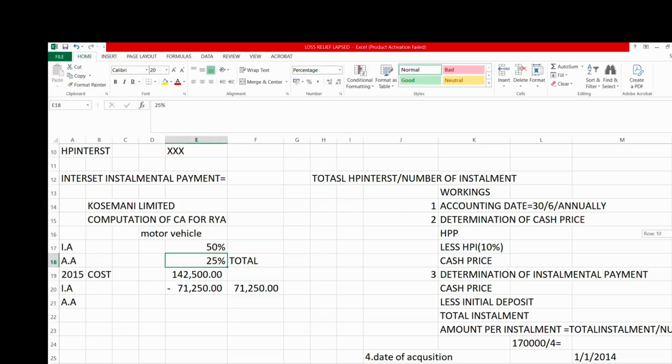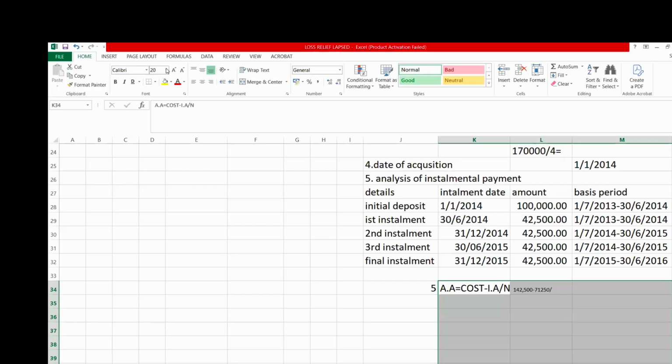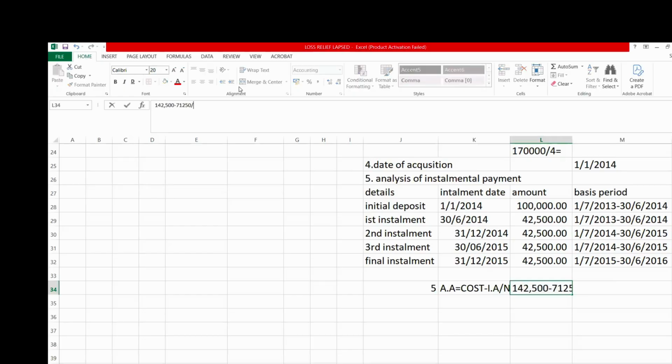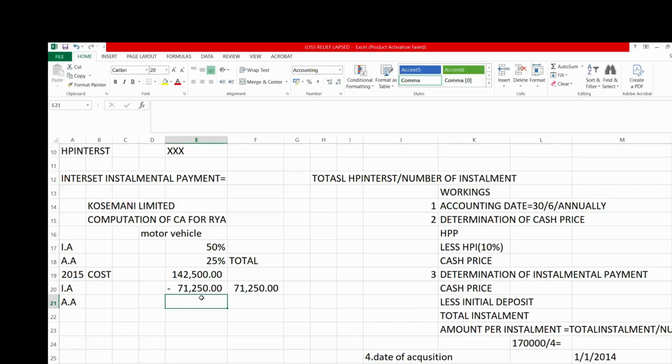At 25%, it is 4 years, not 3. 100 divided by 25 gives us 4 years. So 71,250 divided by 4 gives us 17,813. So the annual allowance here will be 17,813.